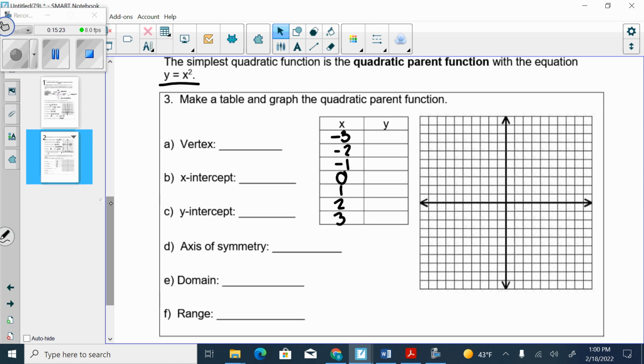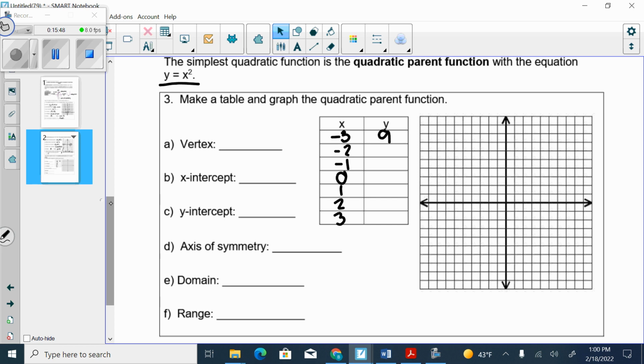All right? Okay, so now I'm just going to take these numbers and plug them in for x in the parent function. So if I plug in -3 right there, that would mean -3 squared, which really means -3 times -3, and a negative times a negative is going to give me positive 9. Very good. Okay, same thing for -2.